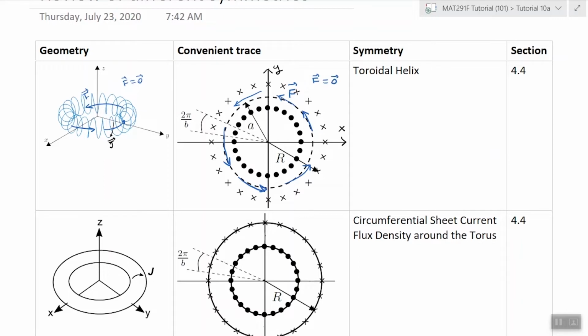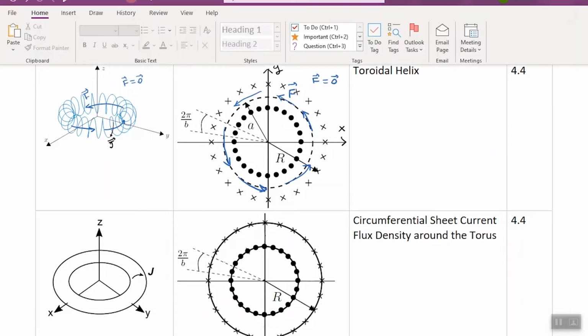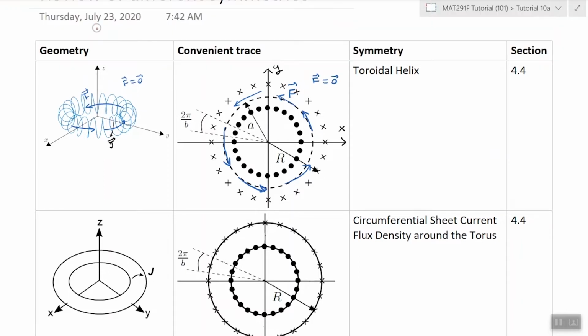Now, the contour that you would select for this problem is going to be the one that captures the current nicely. So the normal vector to the corresponding surface would be aligned with the current.